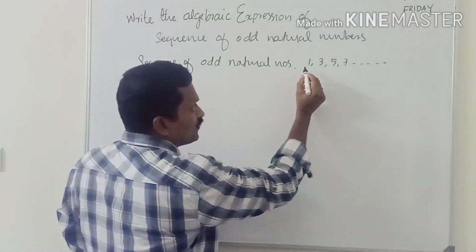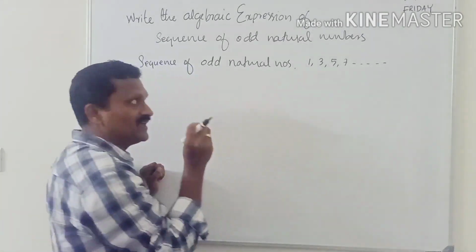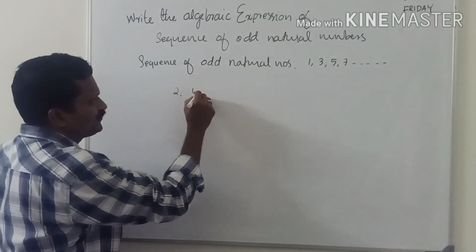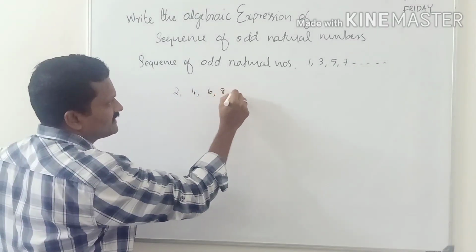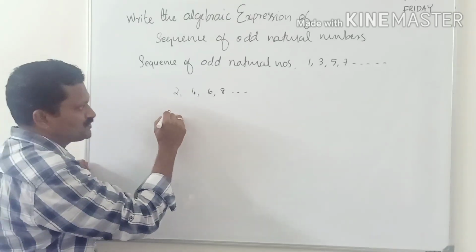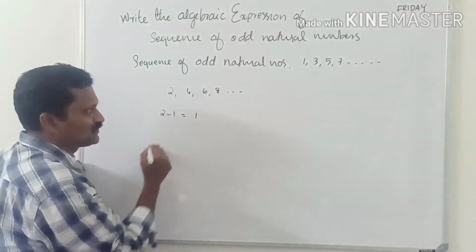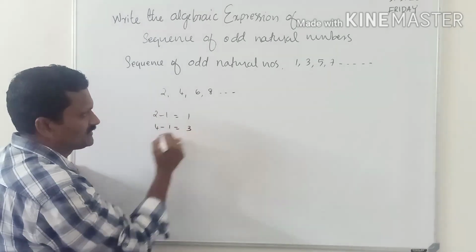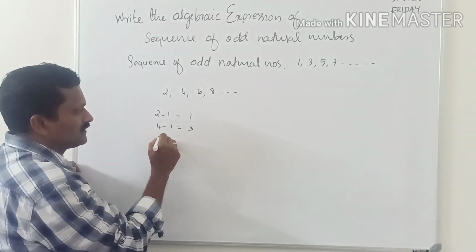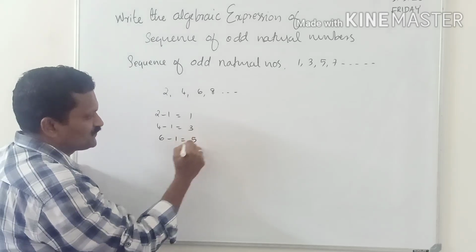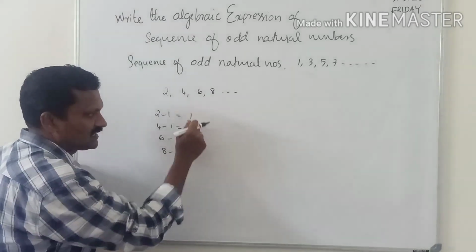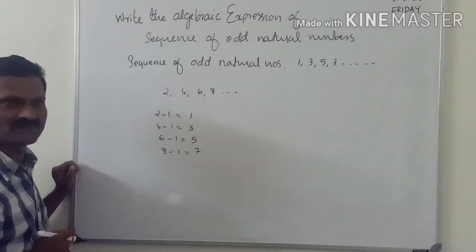We know that 1, 3, 5, 7 are very close to the even numbers 2, 4, 6, 8, etc. That is 2 minus 1 equals 1, 4 minus 1 equals 3, 6 minus 1 is 5, 8 minus 1 is 7. These are odd natural numbers.